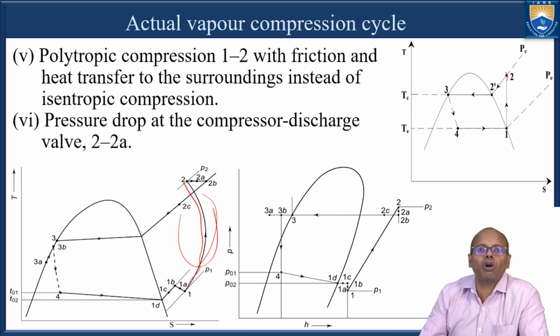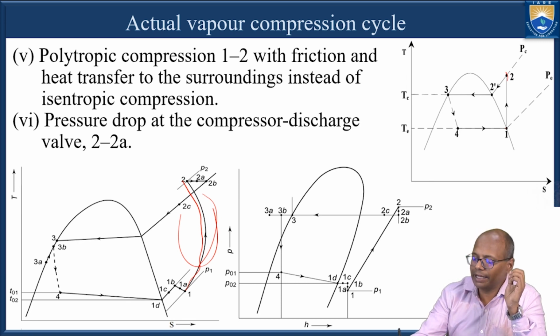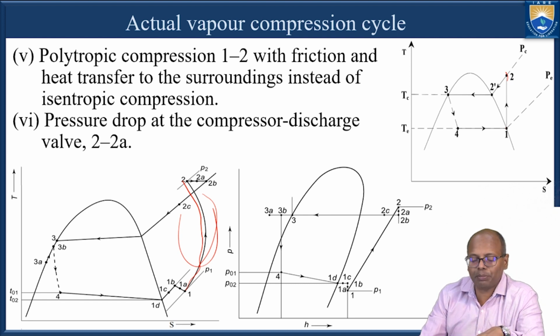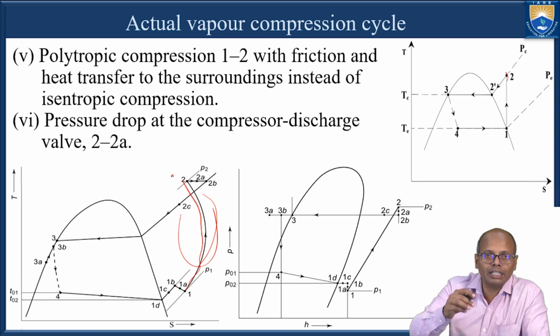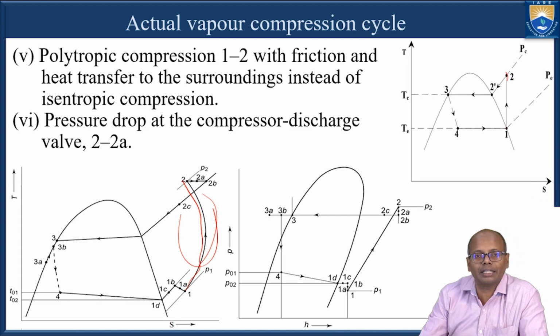So this is a polytropic compression process, which is not a reversible process. The isentropic process is a reversible process, but the polytropic process is not. So that is one deviation of the process happening inside the reciprocating compressor of the vapor compression refrigeration cycle.